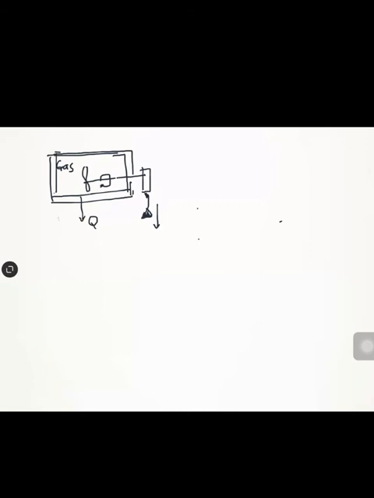And the cyclic integral of work is the net work during the cycle.